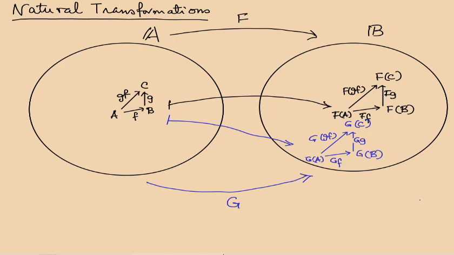There can be several functors, but the real interesting part would be in trying to see if one can transform from the functor F to the functor G. Okay? From the functor F to the functor G.